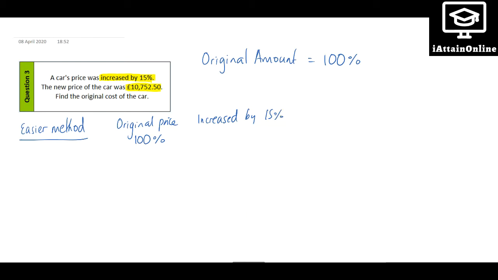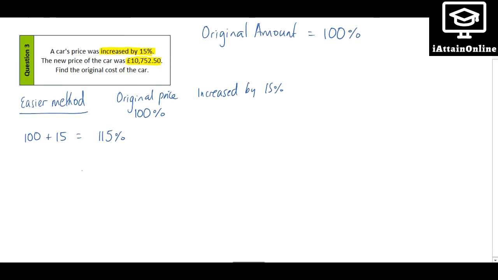Therefore, the new value I have, because it has been increased, is 100 plus 15, or 115%. We have therefore this £10,752.50, and that represents 115%.